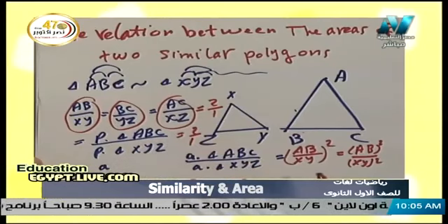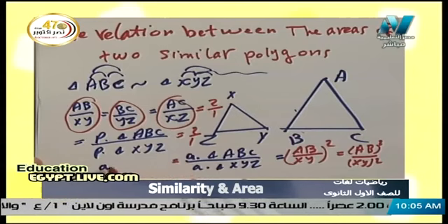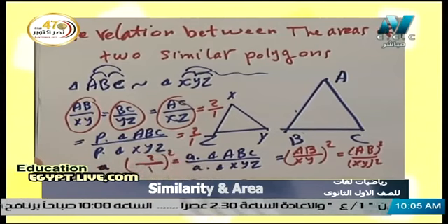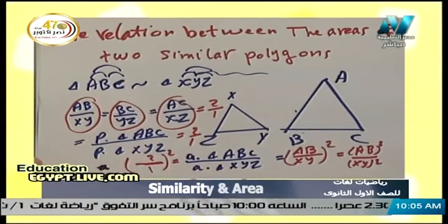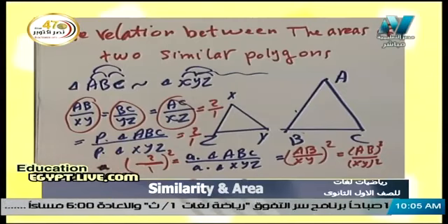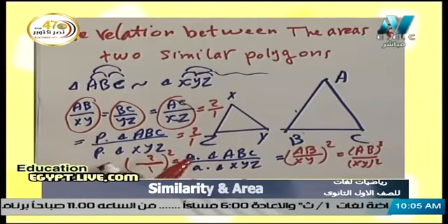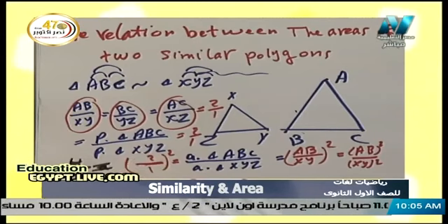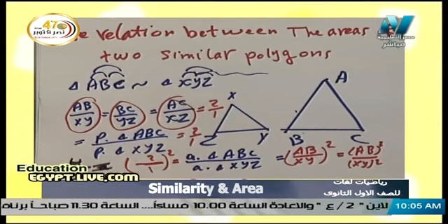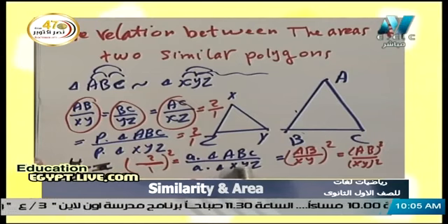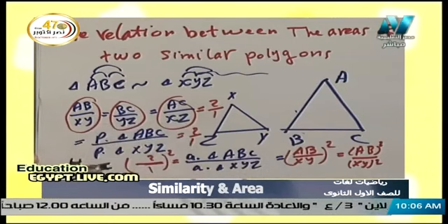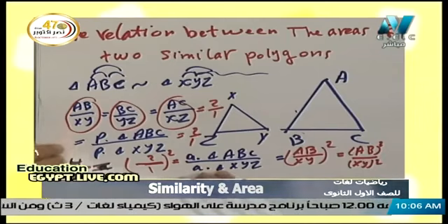But when we talk about the area, it equals the ratio squared, so it will equal 4 over 1. So the ratio between the areas of two similar triangles equals any ratio of its ratios squared. Okay, let's move to an example here.